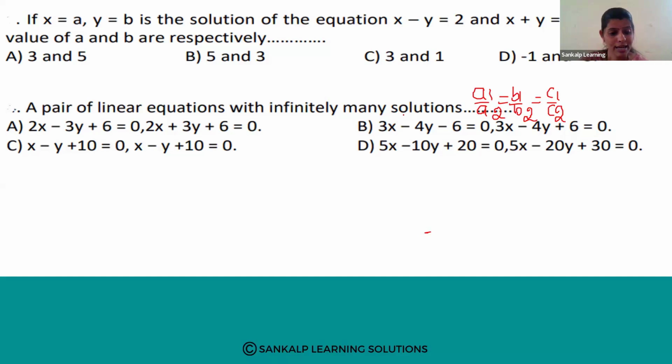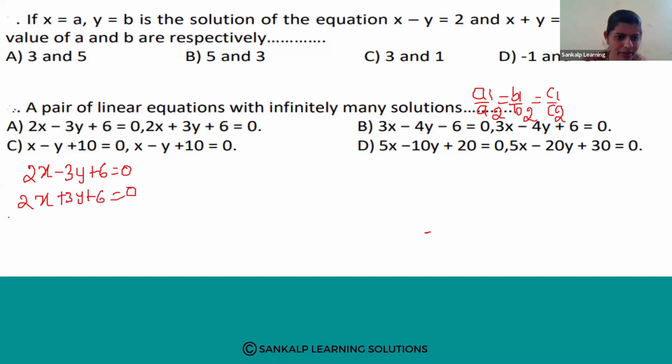So when you check all the options, wherever you get this result, that equation is the correct answer. Okay, so first one is 2x minus 3y plus 6 equal to 0, 2x plus 3y plus 6 equal to 0.